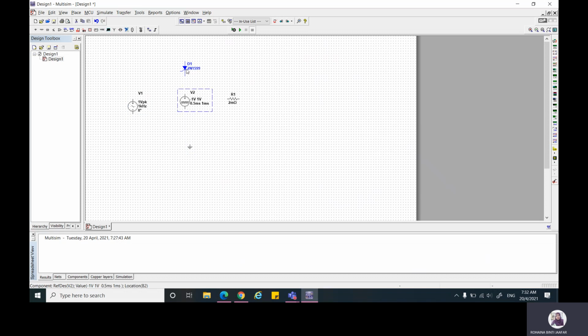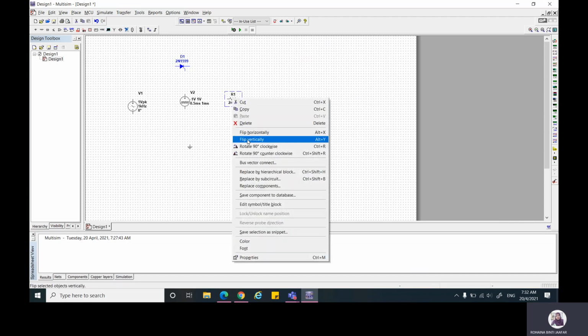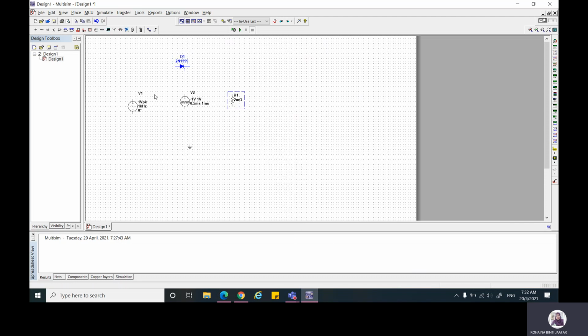So rearrange your components, and then connect or complete your circuit.